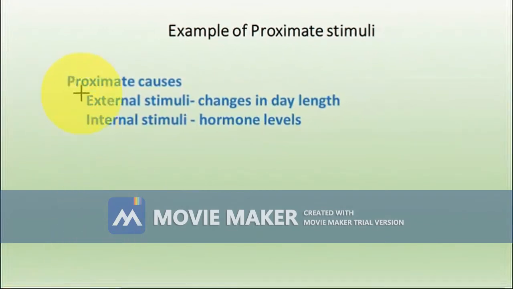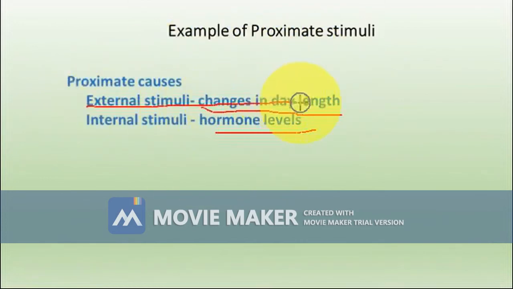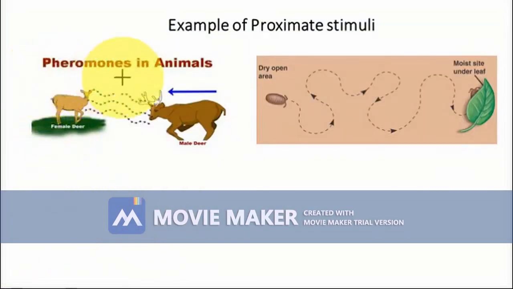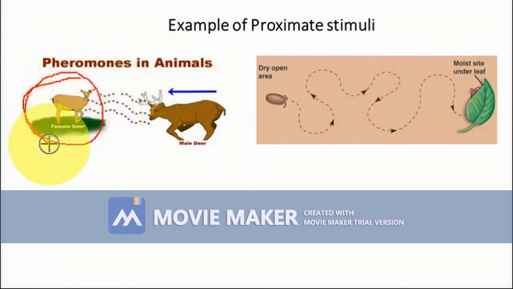Some examples: changes in day length, hormonal levels. These are external stimuli, and then you find internal stimuli such as hormone levels. So these are proximate causes of behavior. Here you can see pheromones in animals. When the female deer is visualized by the male deer, then through hormones there may be communication. This is the proximate cause.